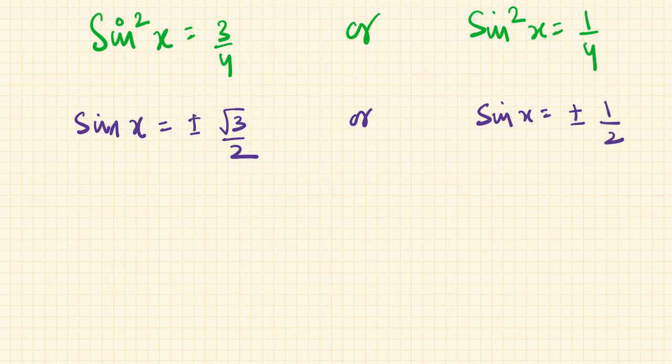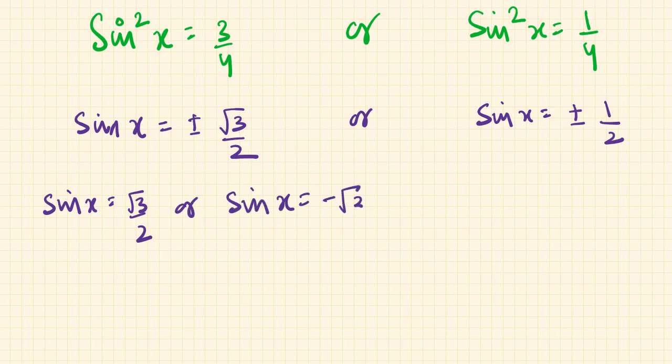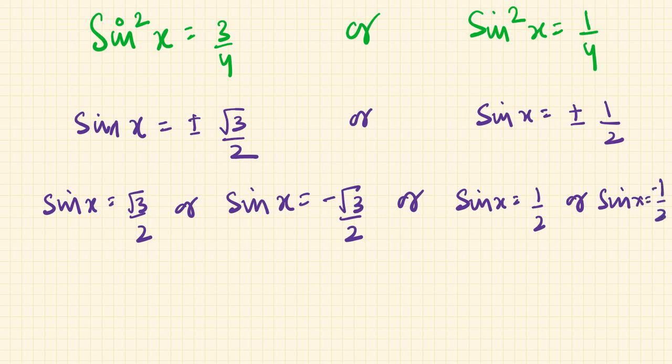Now, sine x is equal to root 3 over 2, or sine x is equal to negative root 3 over 2, or sine x is equal to 1 over 2, or sine x is equal to negative 1 over 2, right?